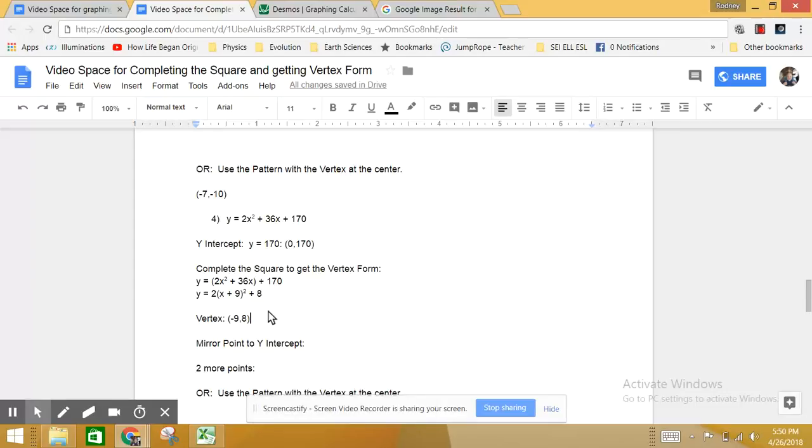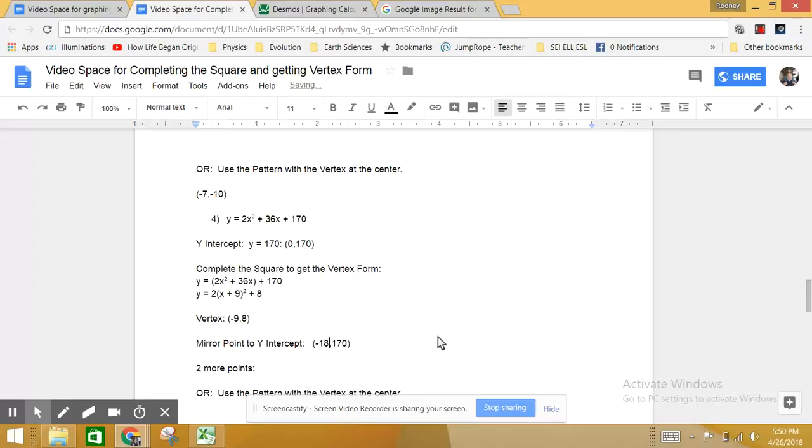But where we were was we found the vertex at negative 9, 8. And we also knew that we had a y-intercept at 0, 170. Now, we just need to figure out the mirror to the y-intercept. Well, the y value for that is going to be 170. And then we're going to have to go negative 9 to the middle and another negative 9 to the other side.